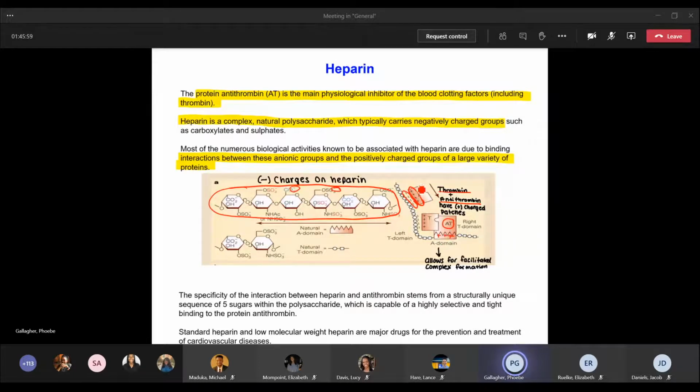Because now both thrombin and antithrombin are on the same chain of heparin, they're more likely to bump into each other and bind. What antithrombin does is essentially inhibit thrombin from functioning, and without thrombin, you're unable to activate fibrin. So it prevents blood clotting.